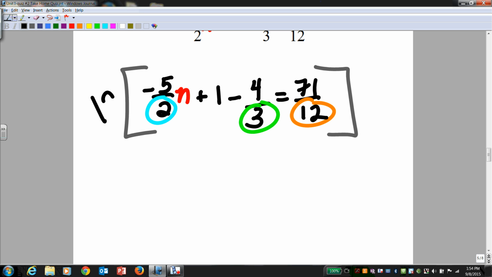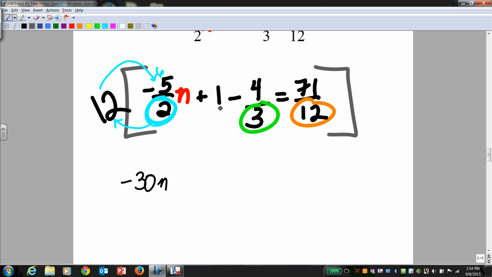So we're going to convert everything and get rid of it right off to begin with. Follow with me. Circle the 2, arrow in. 2 goes in there 6 times, arrow out. We put a little baby 6 there. And 6 times 5, that's 30. So I have negative 30 n.